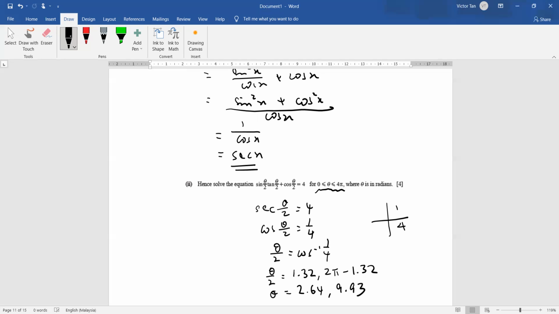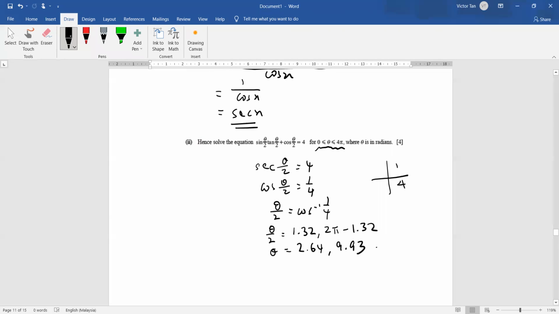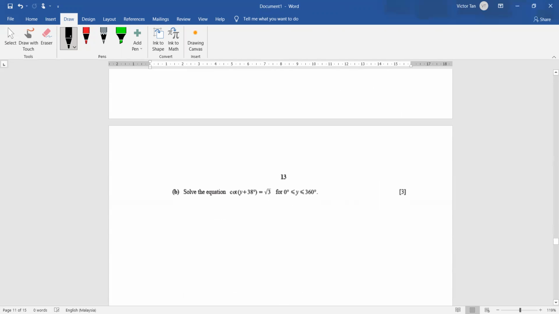There you have it, the solutions between 0 and 4 pi.